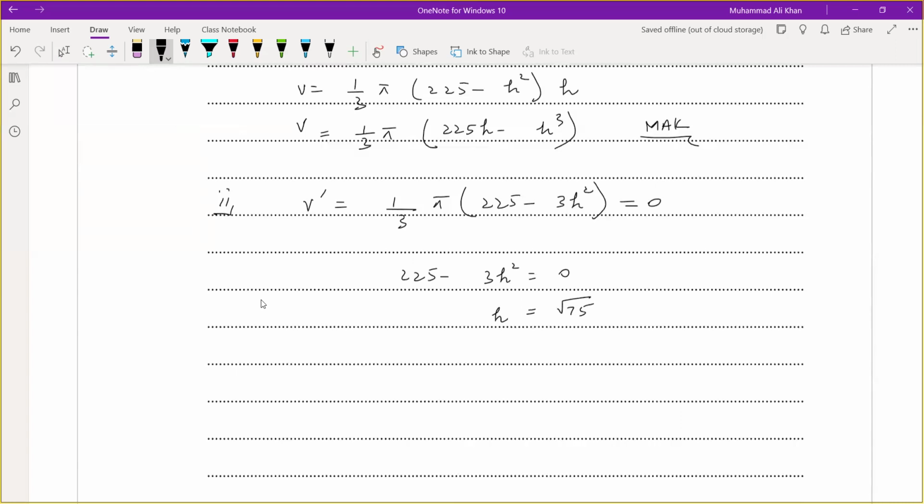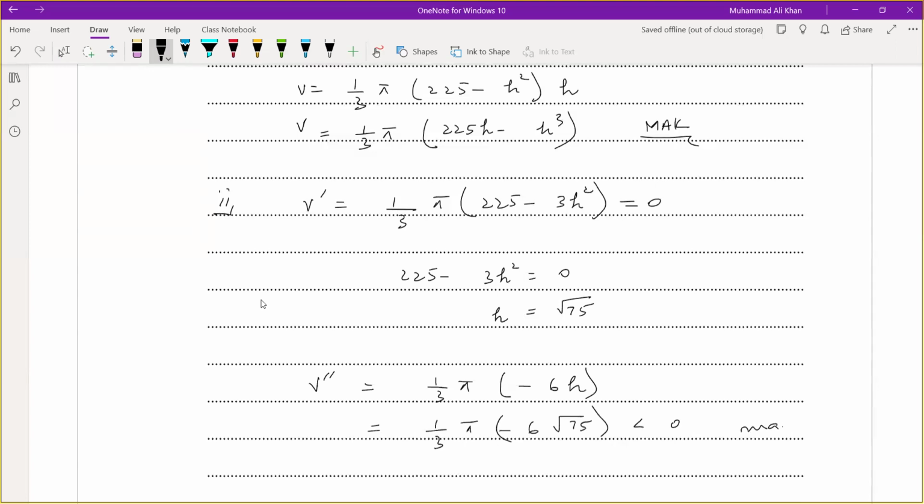Take the second derivative. So it will be 1 upon 3 pi times minus 6h. Replace h with under root 75. 1 upon 3 pi times minus 6 times under root 75. The answer is less than 0.